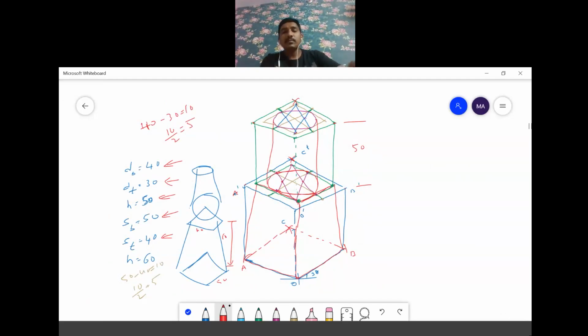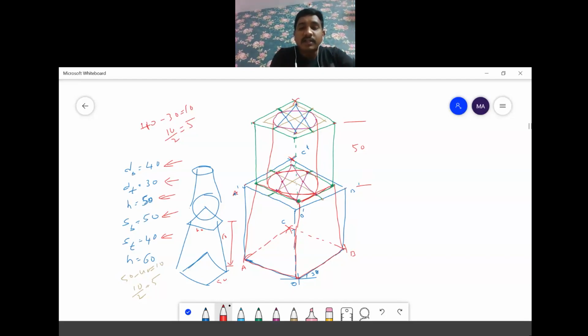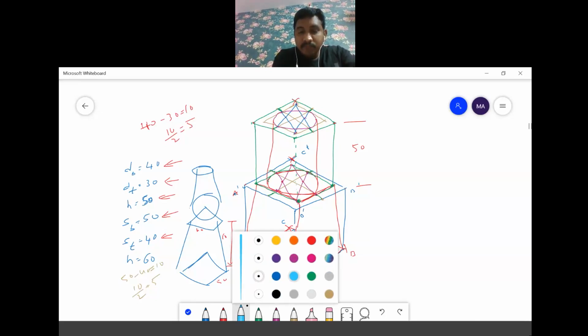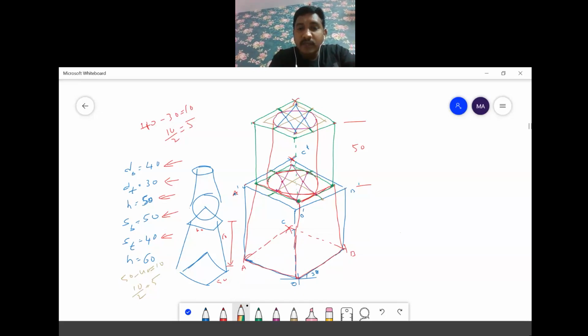Is it clear? Here the circles which I have drawn in red color should be dark, and this one should be the hidden one.